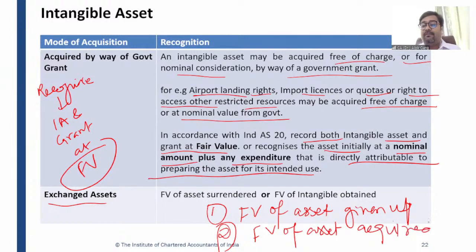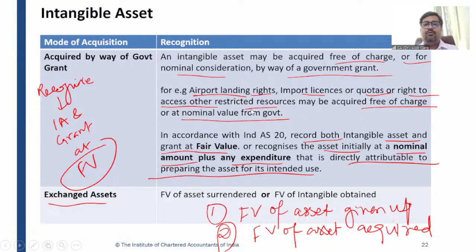The first priority is to look for the fair value of the asset surrendered, the fair value of the asset given up. If you are not able to determine that, then you have to go for the fair value of the asset acquired. And if both the fair values are not there, then you have to go by the WDV of the asset surrendered, the WDV of the asset given, right? Is it clear? Yeah. Yes.